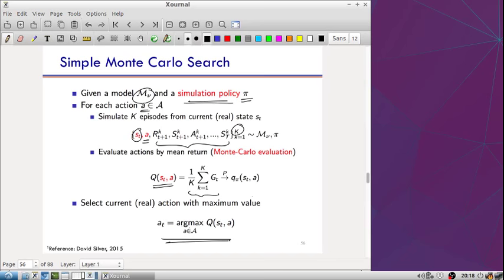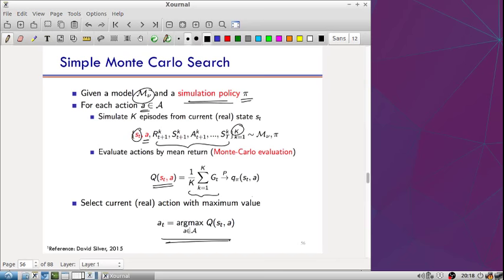Any questions at this point? In the current board situation, I may have a few actions that are possible. For each action, I'm saying do the simulation k times. So maybe there are 10 actions I can take. For each of the 10 actions, I'll pick some parameter k, say 100.